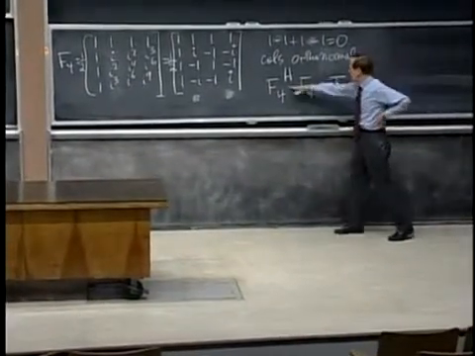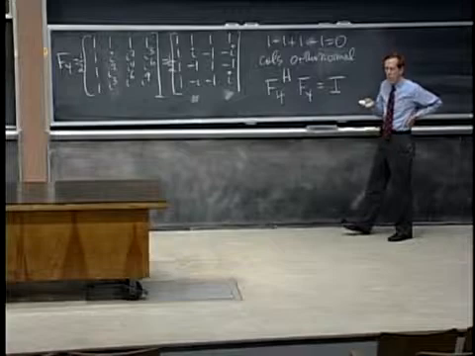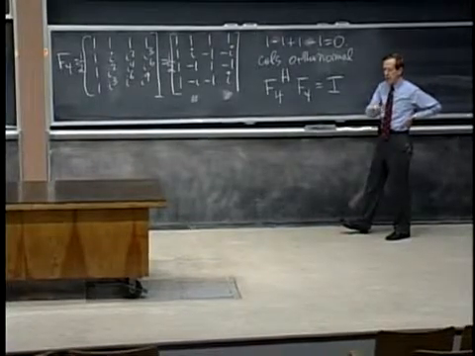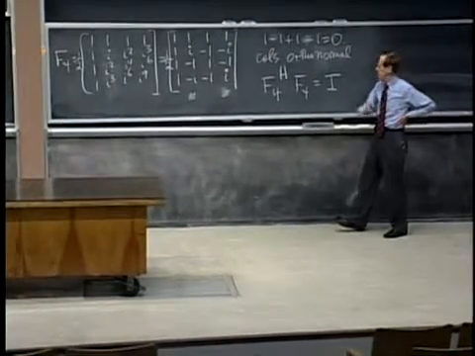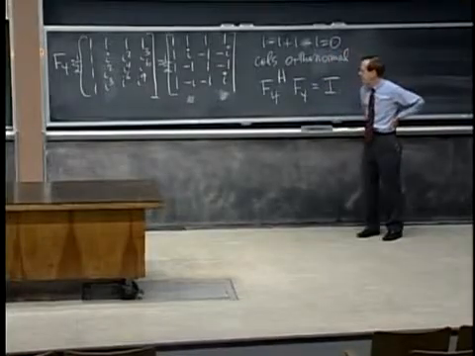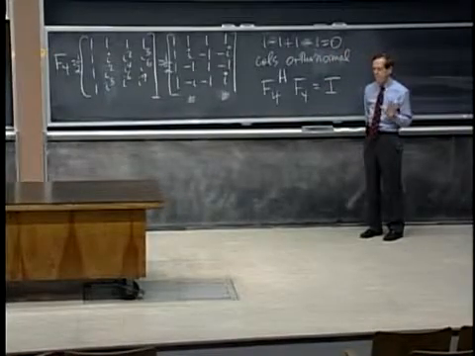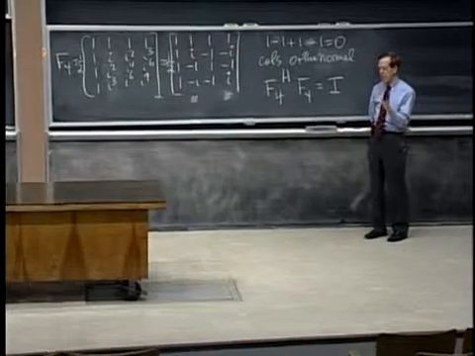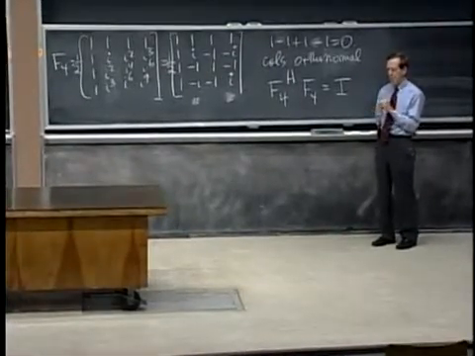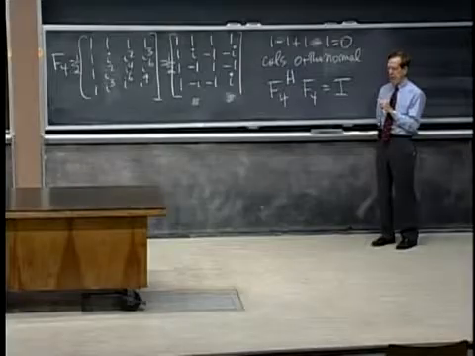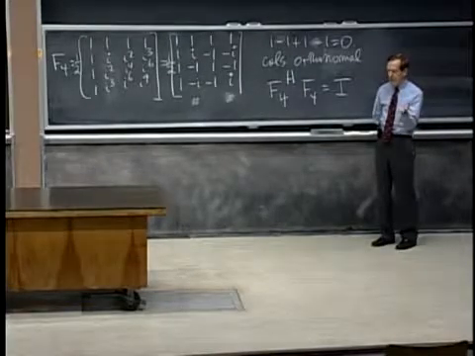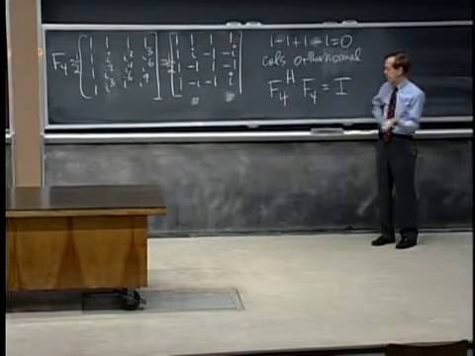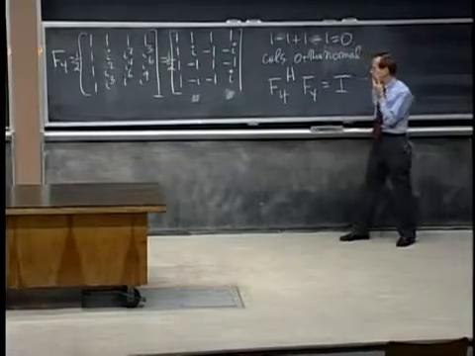The inverse of F4 is just like an orthogonal matrix. The inverse is the transpose. Here the inverse is the conjugate transpose. So fine. That tells me that anything good that I learn about F4, I'll know a similar fact about its inverse, because its inverse is just its conjugate transpose.